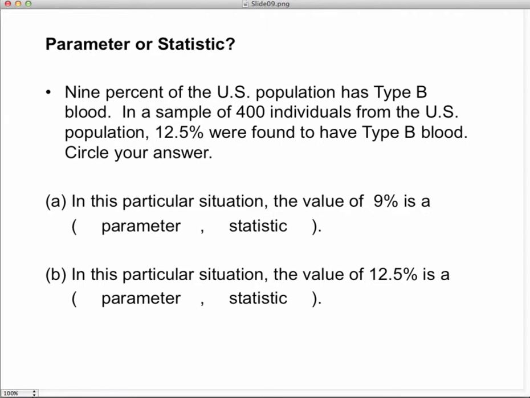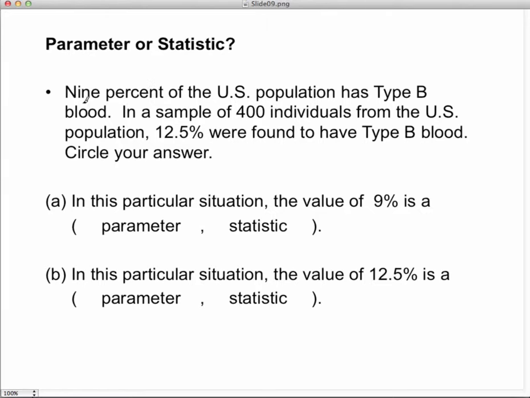Okay, so let's see if we can take an example here and see if we understood everything that I just said. So 9% of the U.S. population has type B blood. In a sample of 400 individuals in the United States, 12.5% were found to have type B blood. So circle the answer in the following. In this particular situation, the value of 9%, is that a parameter or a statistic?